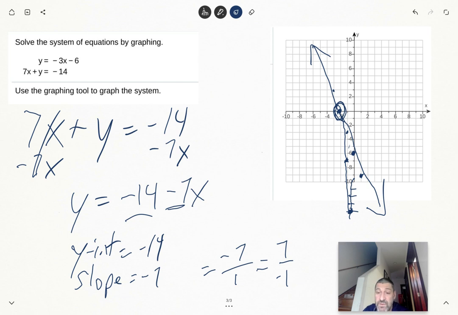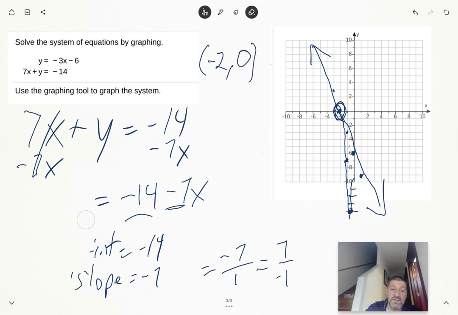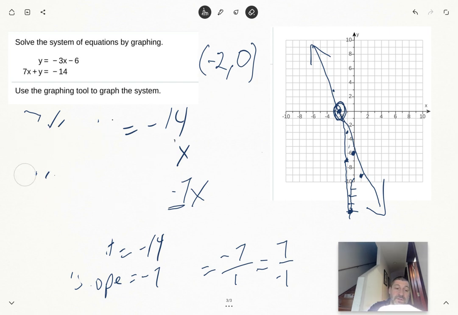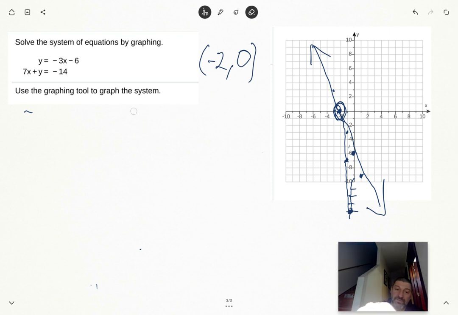But this is definitely one I should check because I want to make sure that it's right. The point where they cross would be negative 2, 0. That should be easy to check because I got a 0 there. So let me erase all this here. As I'm erasing, you can think about whether negative 2, 0 would fit those equations.